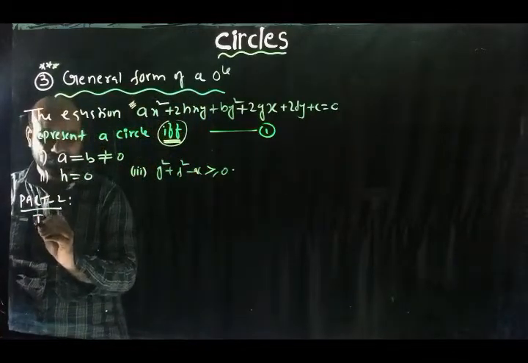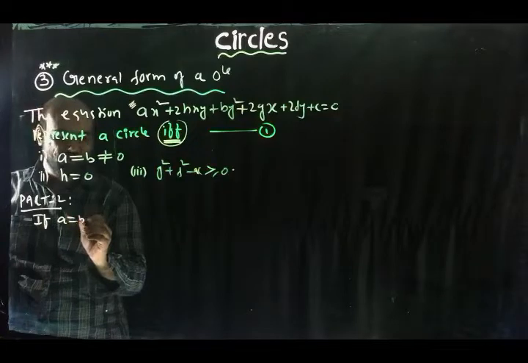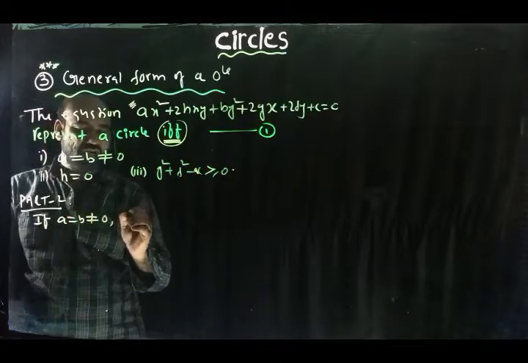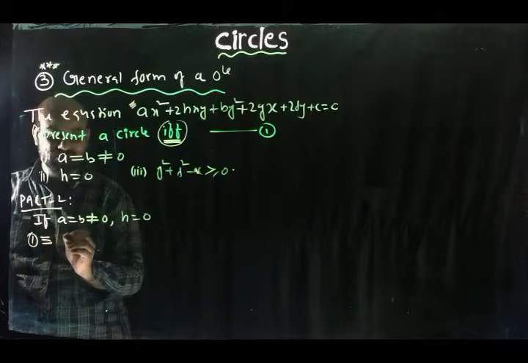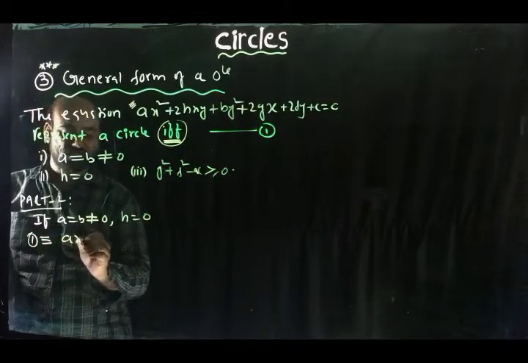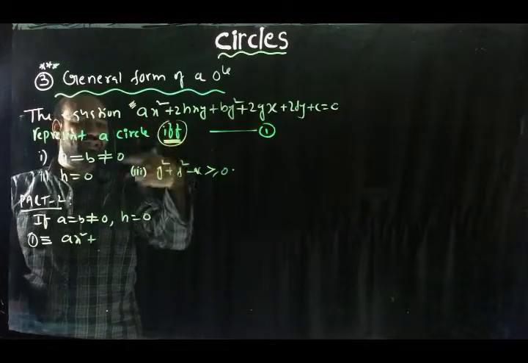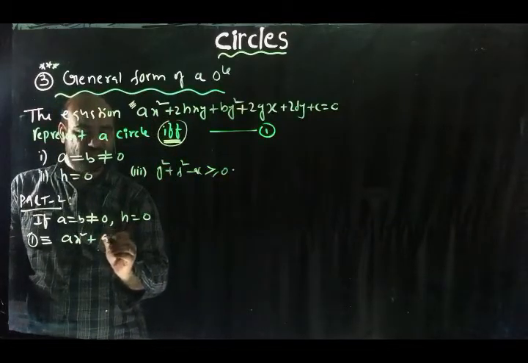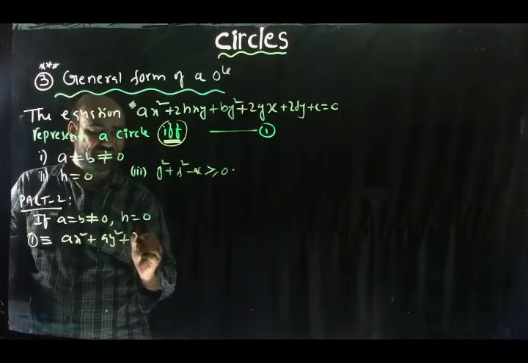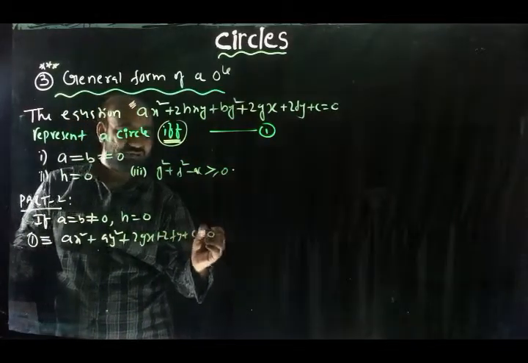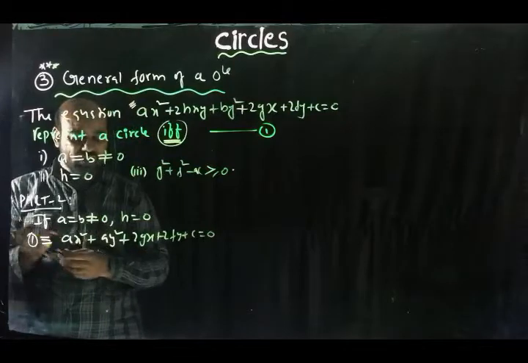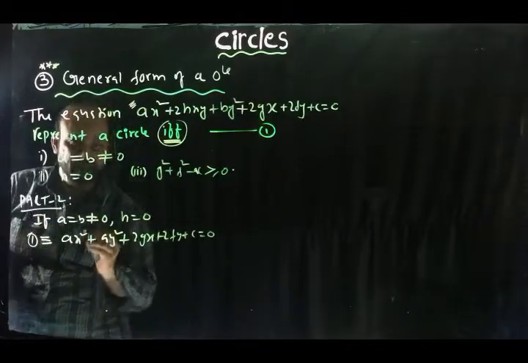Okay, part 2. If a equal to b not equal to 0 and h equal to 0, then equation 1 becomes ax square plus ay square plus 2gx plus 2fy plus c equal to 0. Now I want to divide throughout by a. Here a is not equal to 0.